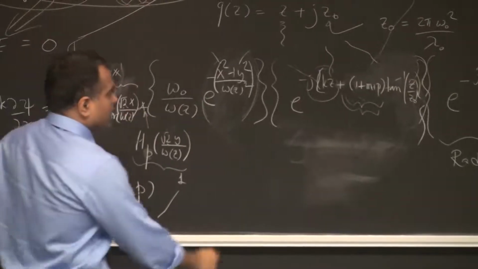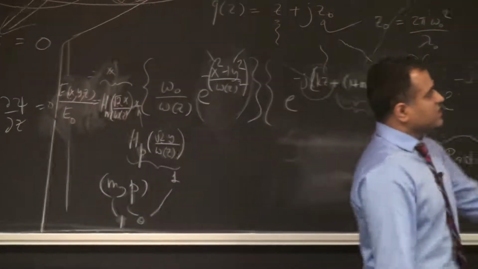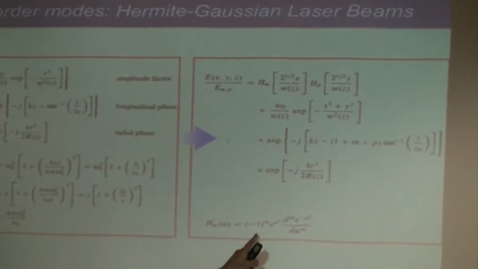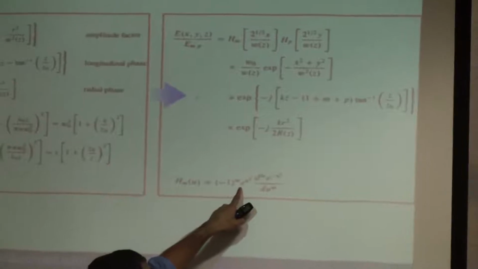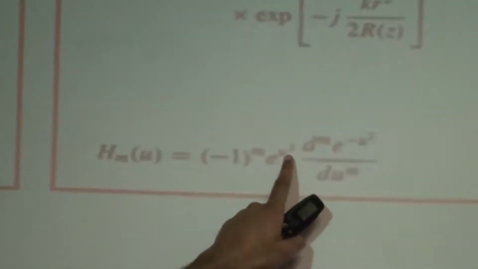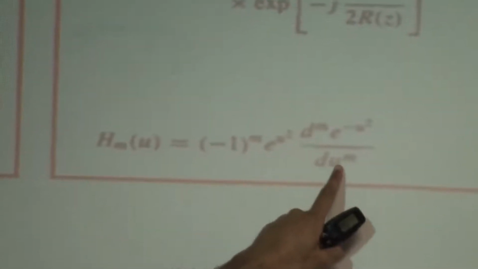Now the Hermite polynomials are, essentially if you want to find the mth order Hermite polynomial, it's minus 1 to the power m, just a sign factor, even and odd, plus and minus signs, e to the power u squared, the mth derivative of e to the power minus u squared. So if you want H1, which is what we need there, you just take the first derivative of e to the minus u squared, and I think you'll get u times e to the power minus u squared.